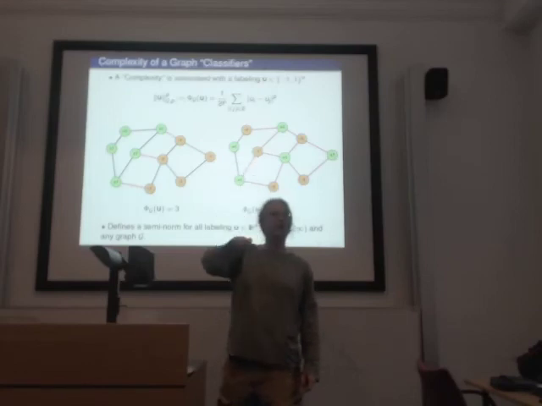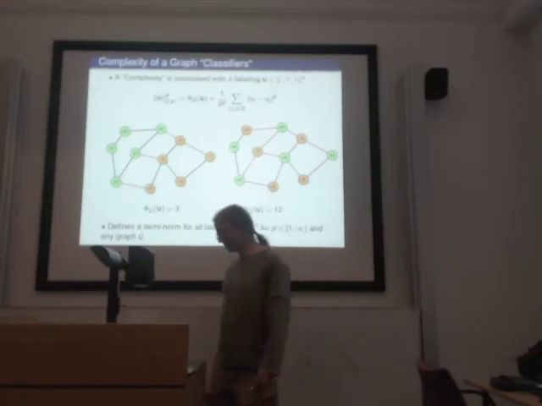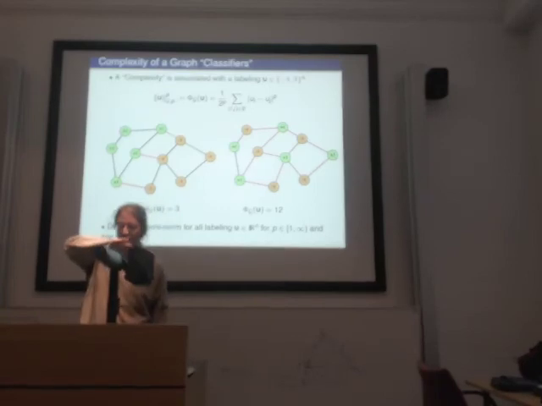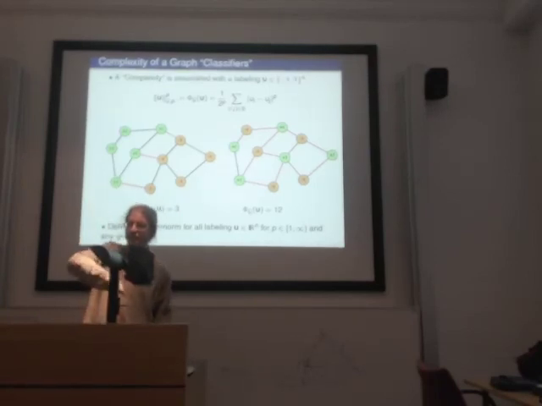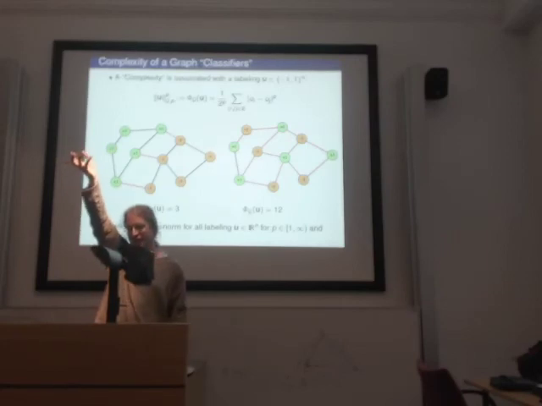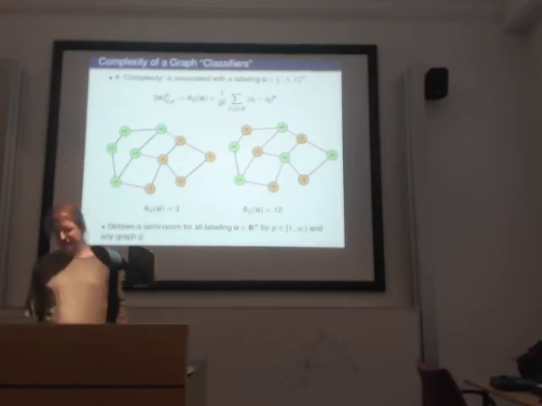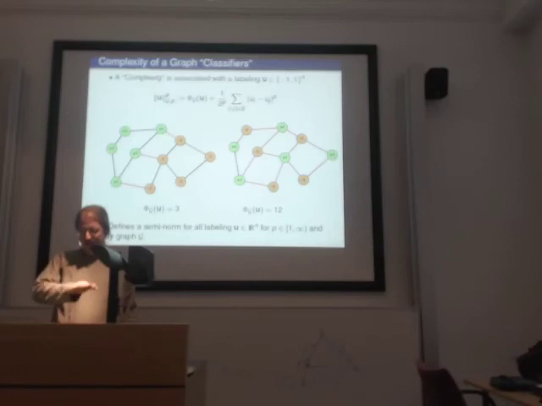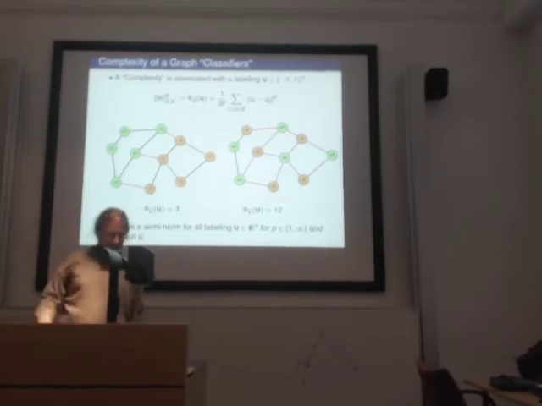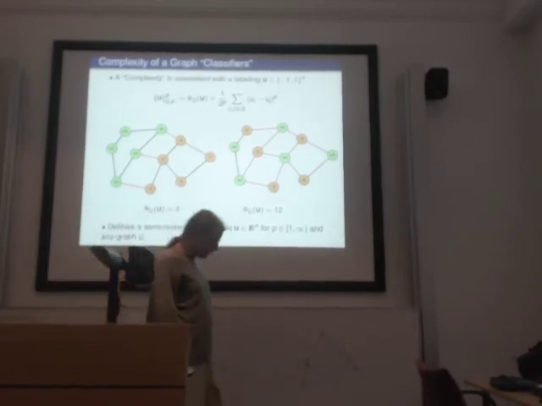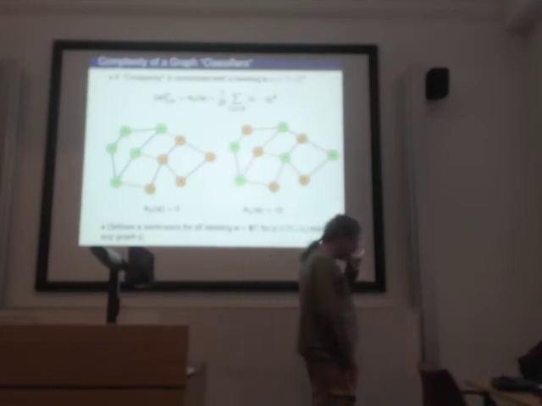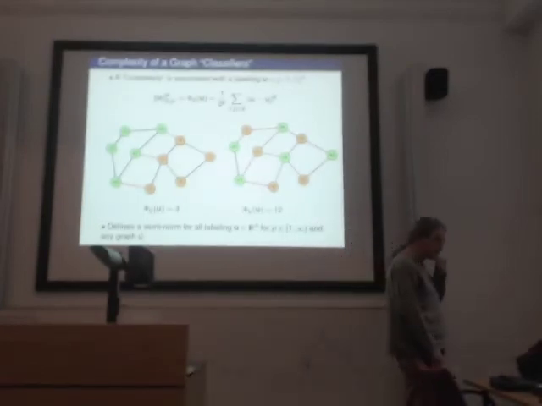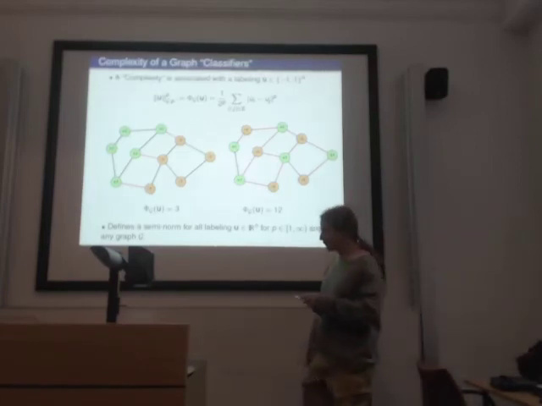You're avoiding spikiness in your fit. You're enforcing smoothness. The derivatives aren't too sharp. If your function suddenly goes up and down, that's going to raise the norm of your kernel, and that regularization term is going to go up. So in Rn, you're fitting a smooth function. So now, if our idea is that we want to fit some labeling on a graph, we need some notion of smoothness of our labeling.